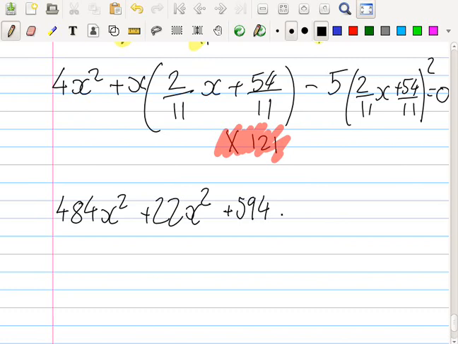x. Now, I won't do it on this line because it'll get too long. I won't square this out. But what is 11 squared? It's 121. So when I put 121 here, it cancels those. So that's nice because then that just leaves it like this. Equals 0. Okay, let's clean this up. 484x squared plus 22x squared.